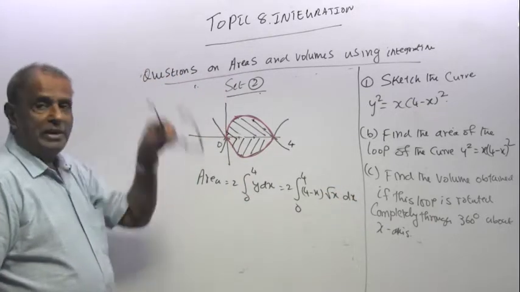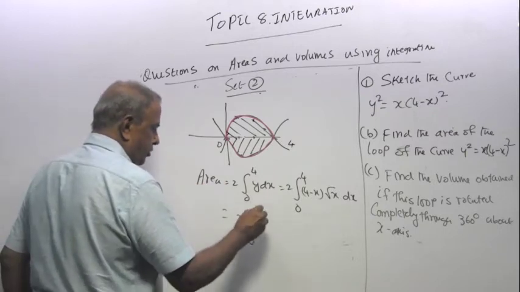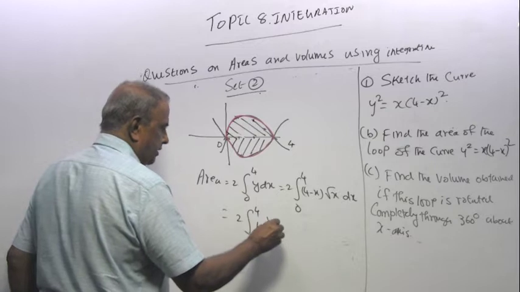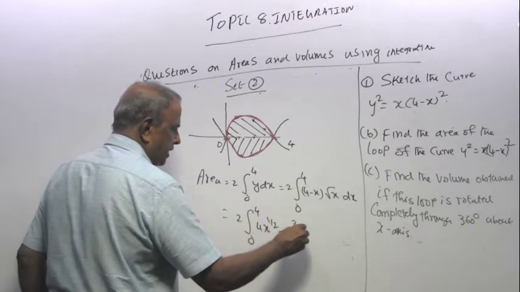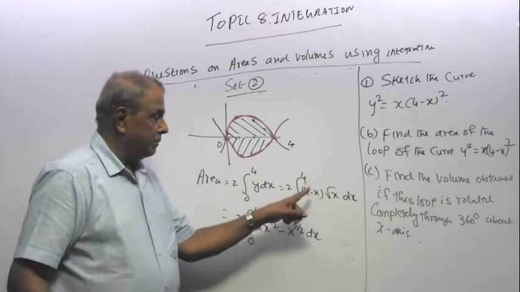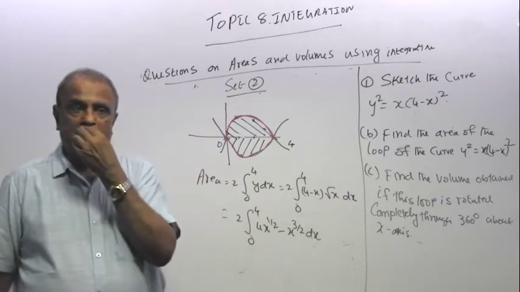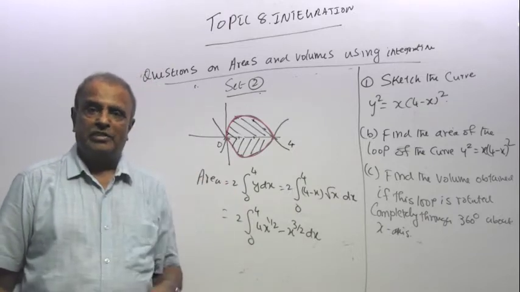You can do it in so many ways, but the easiest way would be 2 times the integral from 0 to 4 of 4x to the power half minus x to the power 3 over 2 dx. Otherwise, you can do this integration by parts. u is 4 minus x, dv by dx is root x. Why am I calling u as 4 minus x?